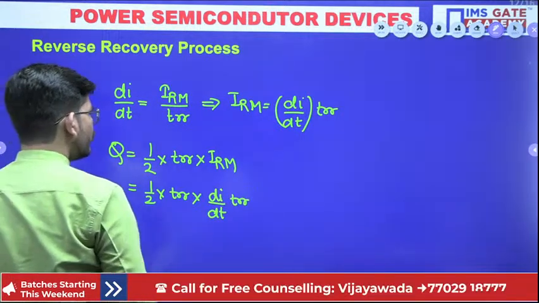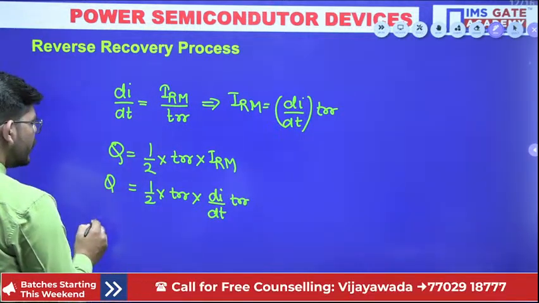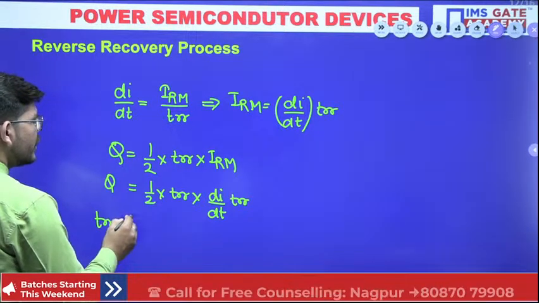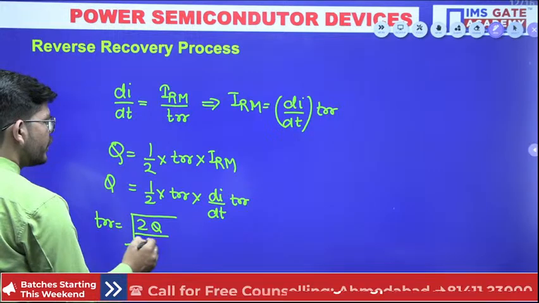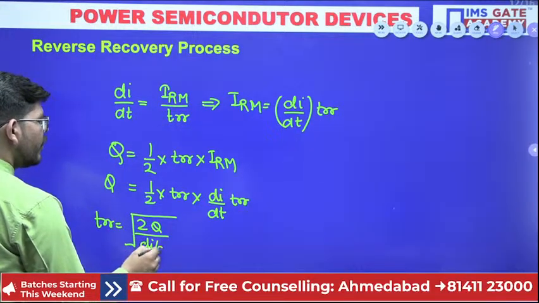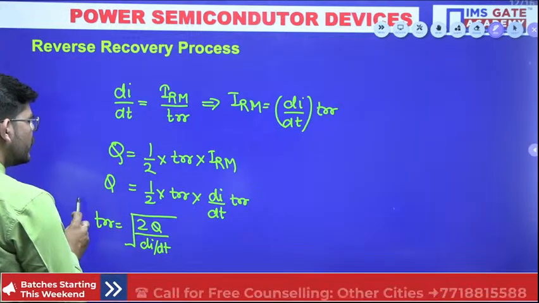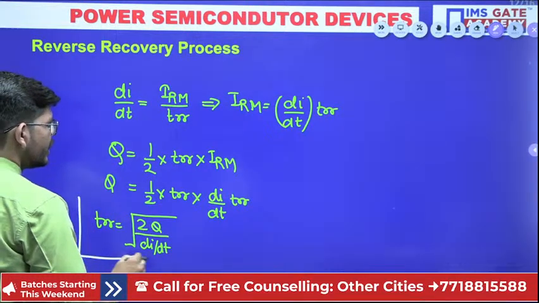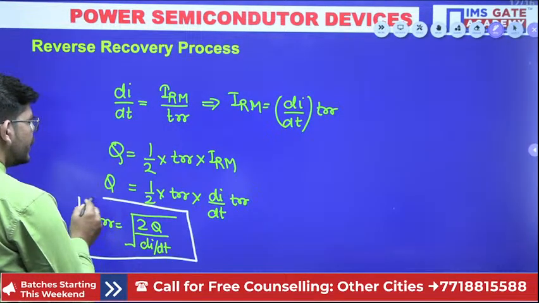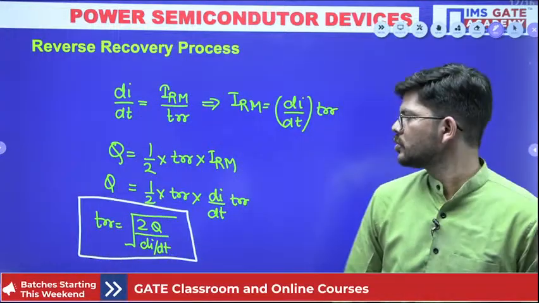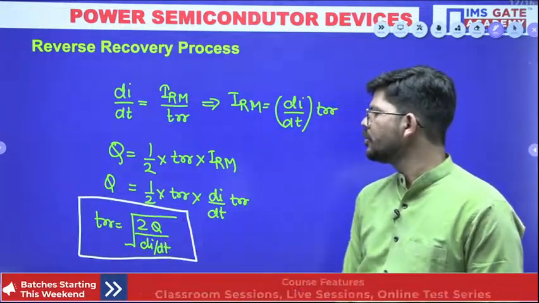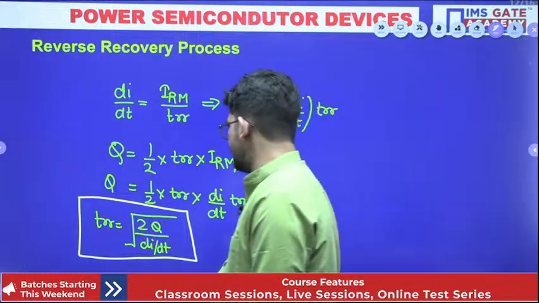So if we want to calculate TRR here, then TRR will be 2Q over di by dt. So this is how we are going to calculate the reverse recovery time here. Okay, so the reverse recovery time is basically equal to the square root of 2Q upon di by dt.